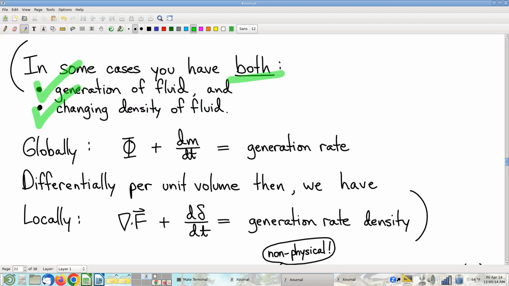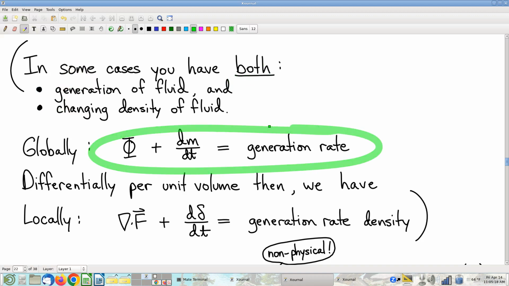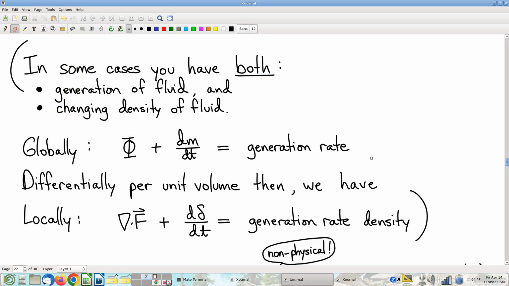Right, and when that happens, this is the kind of the global relationship between the objects in play. The way I like to think about this is that if fluid is being generated, there's really only two things that can happen. If you're making fluid, then either the fluid that you're making leaves, in which case it counts as flux, or it doesn't leave, in which case it contributes to the rising total quantity of fluid on the inside.